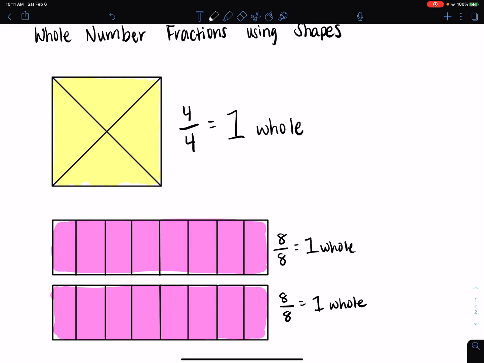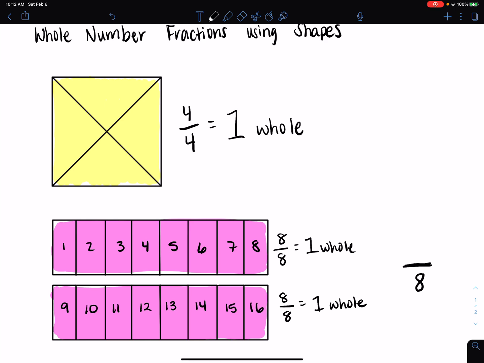So what I'm going to do is I know there's 8 pieces in each shape. So my denominator is still going to remain 8 because there's 8 pieces in each shape. But my numerator is actually going to be the total number of pieces between the two shapes, meaning we're going to count 1, 2, 3, 4, 5, 6, 7, 8, 9, 10, 11, 12, 13, 14, 15, and 16.